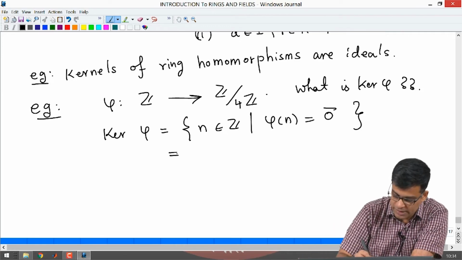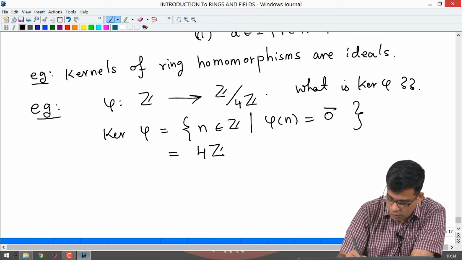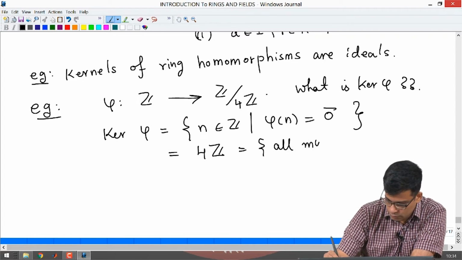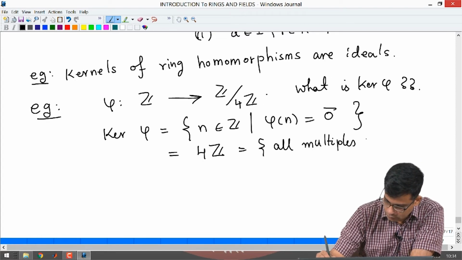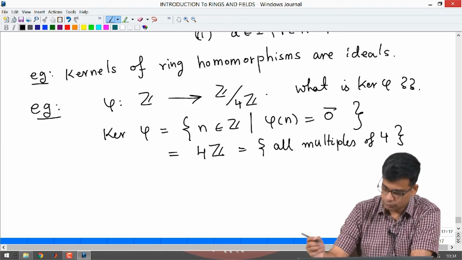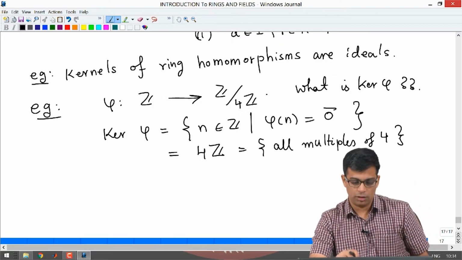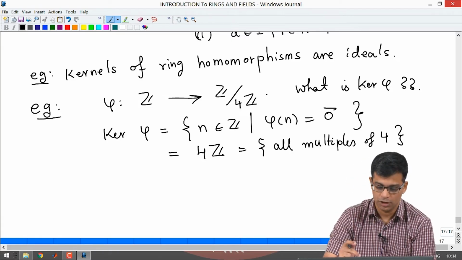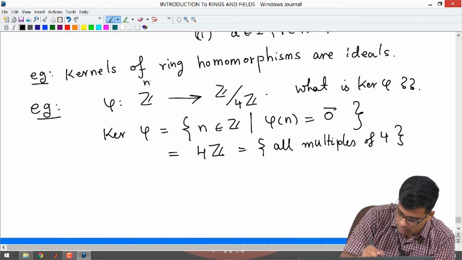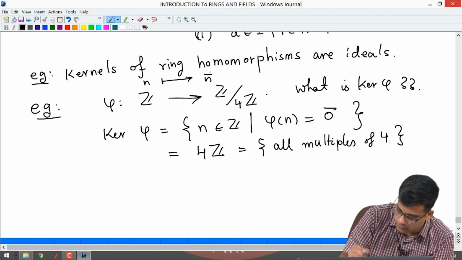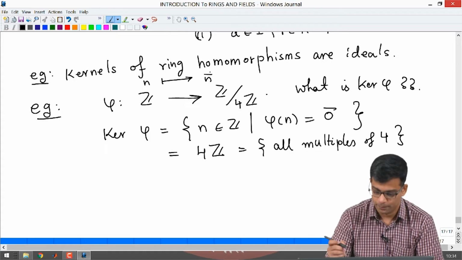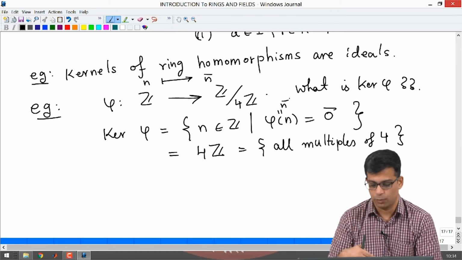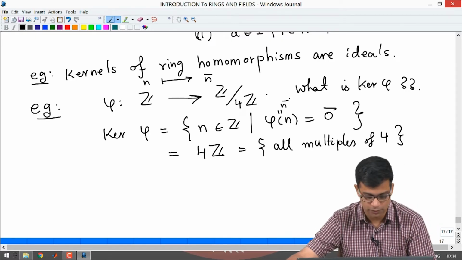Remember, the kernel is a subset of the domain, in this case Z. So, this is precisely 4 Z, all multiples of 4. When does an element in Z go to 0 under this homomorphism? This map sends n to n bar. So, n bar must be 0, that means n must be a multiple of 4. So, the kernel is exactly the multiples of 4.